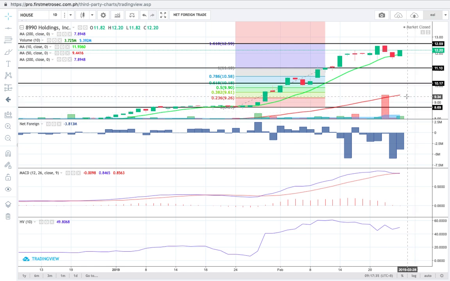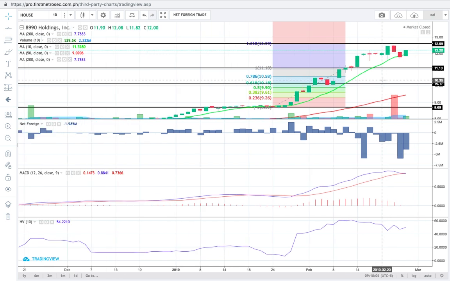But until then, if the volume just continues to print topsy-turvy daily volume bars, meaning they go above the 10-day volume average today and below it the next day, if they just move sideways, then it's highly likely for House to just continue trading the range. What range? 11.10 to 12.60. That's the range.